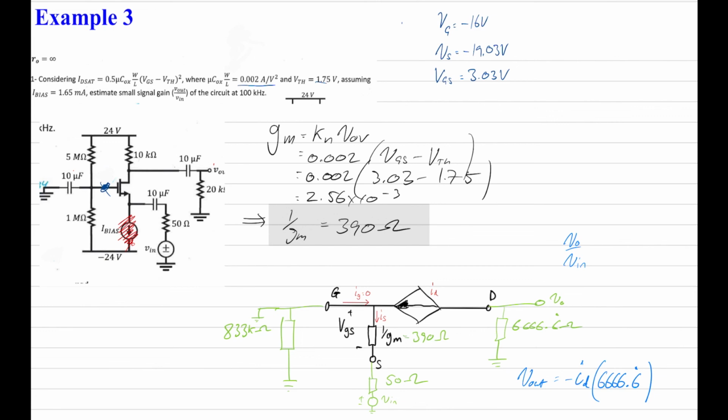So the next thing is to try and figure out what the input voltage is in terms of the ID or IS, and that way we'll be able to say V out on V in, and they'll hopefully have some cancellation, and we'll be able to work out what's going on.